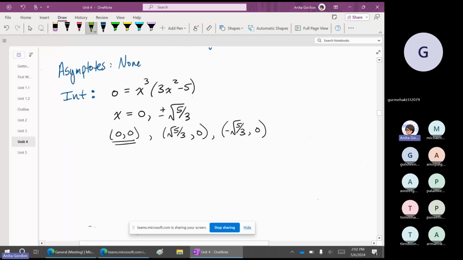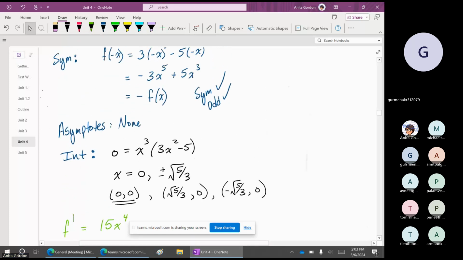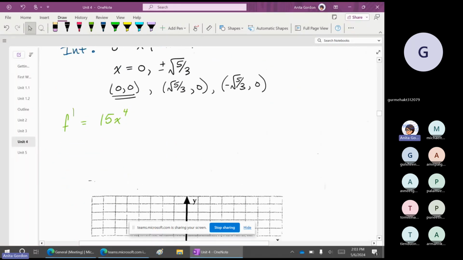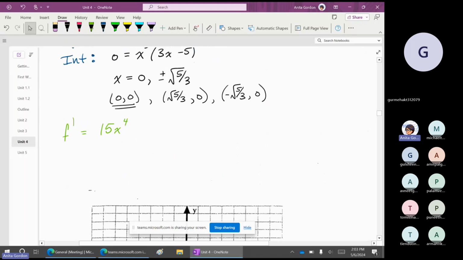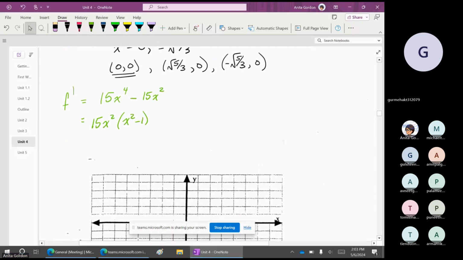Okay, let's take a look at f prime. f prime of x is going to be 15x to the 4, right? Because the first one is a 5, okay? And then I'm going to have minus 15x squared, which means I can factor this out. This is x squared minus 1.